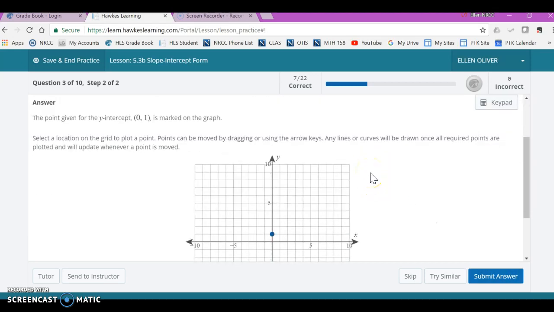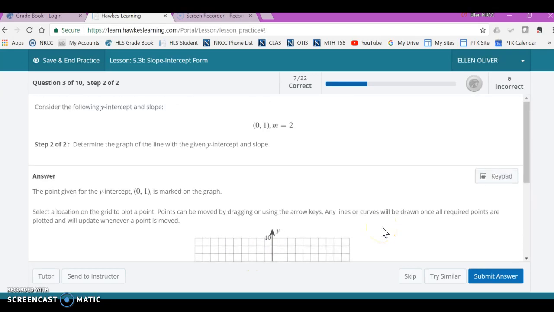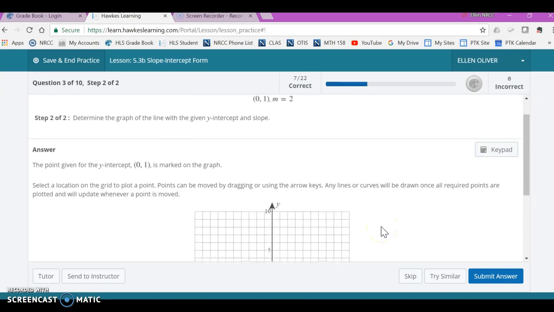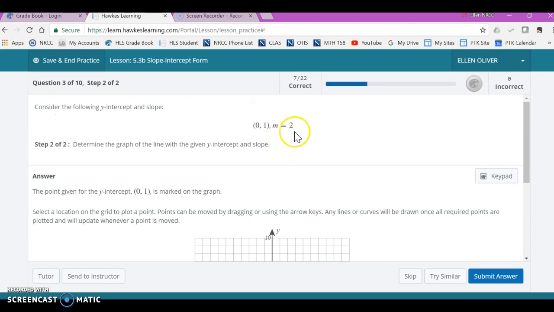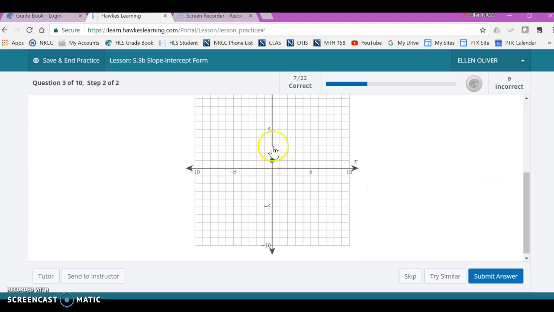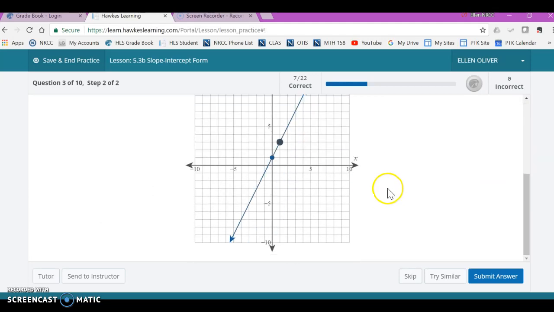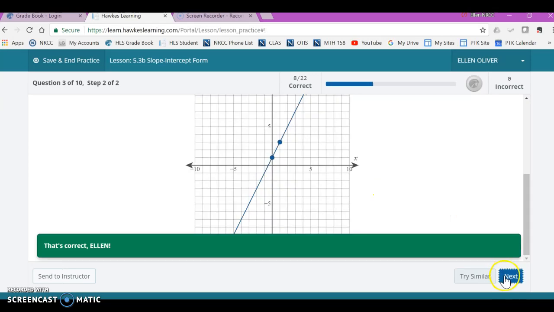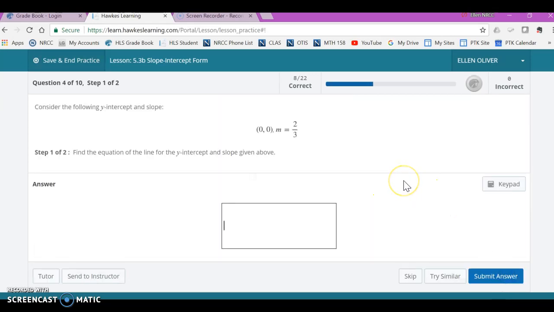So it goes through 0, 1, and they've given you that point. So then they want you to use the slope, which is 2, which is 2/1, which means up 2 to the right 1 from this point. There's our line. I'm going fast here. You can stop and rewind and watch as many times as you want, but I'm going to run out of time if I don't go fast.